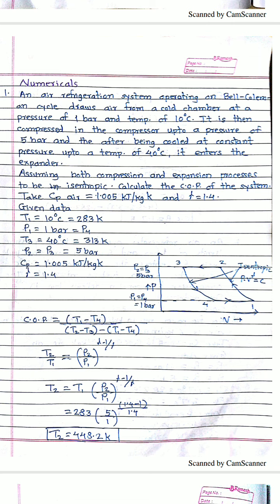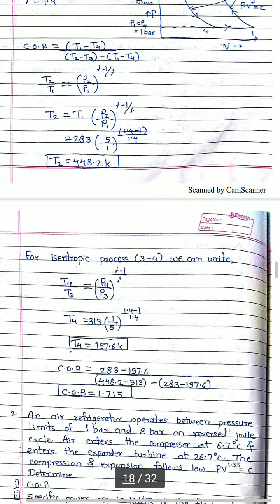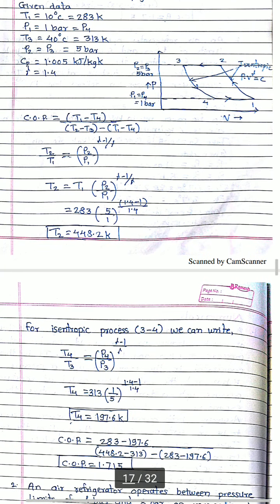One more term that we have to calculate is T4. Similarly, process 3 to 4 is again an isentropic process, an isentropic expansion process. Now again we know the same relation: T3 upon T4 is equal to (P3 upon P4) raised to (gamma minus 1) upon gamma.